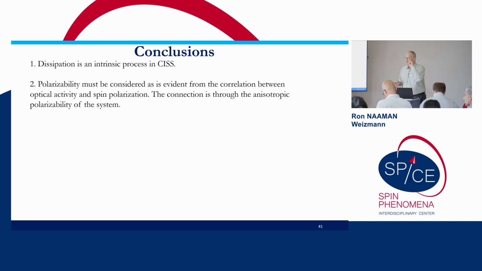Polarizability plays an important role. And here I want to make a comment. That's something I skipped because of lack of time. We see the CISS effect in proteins, and we see there the effect of polarizability.